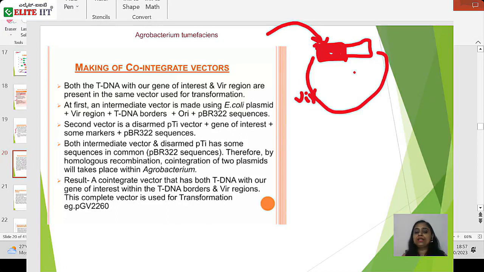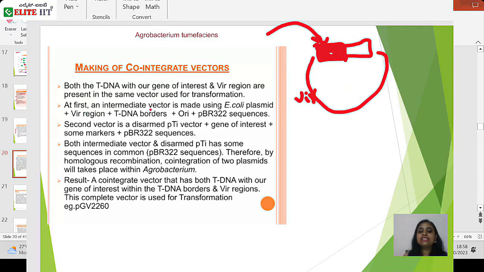That is normal. But here, what is happening? Both the tDNA with our gene of interest and vir region are present in the same vector. So in this case, vir region is present, tDNA is present, and gene of interest is present.